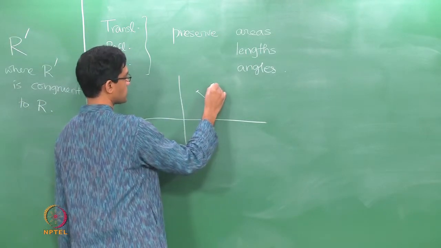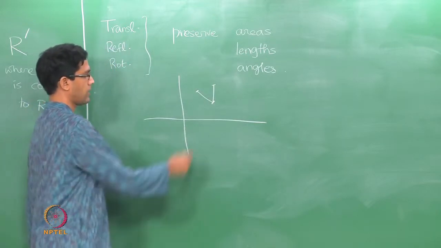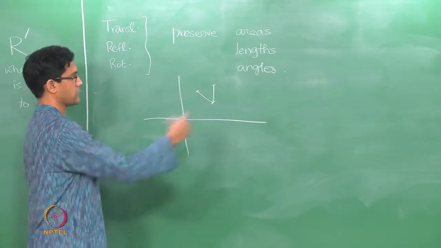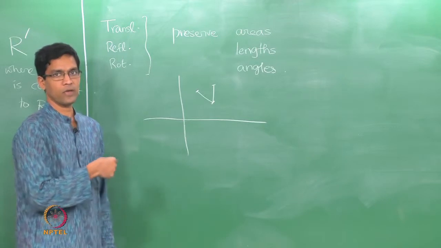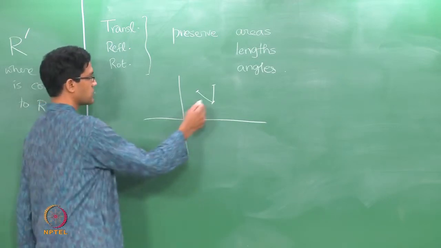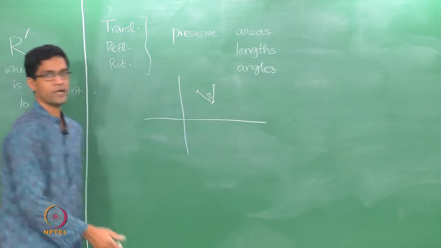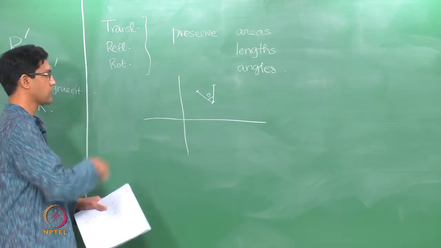Angle preservation means, imagine I have two line segments, and now I translate this figure, or I reflect it, or I rotate it. Doing any of these three will never change the angle between the resulting line segments. It cannot deform the angle between them, it can only move this entire figure somewhere else.